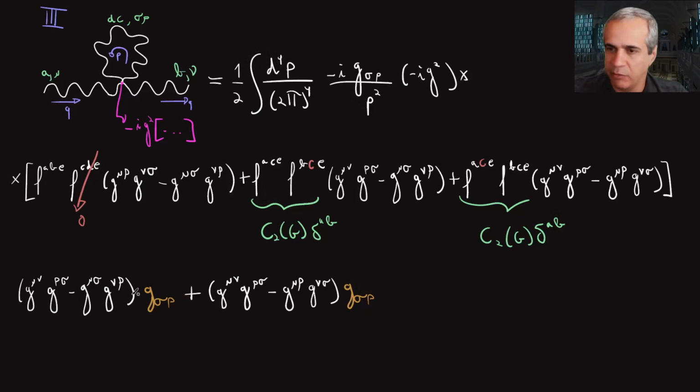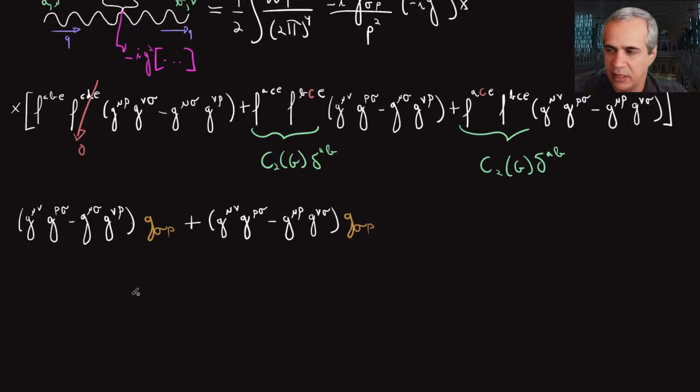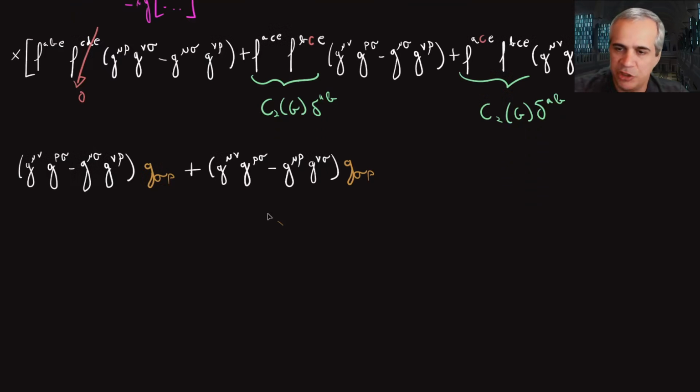And the second one, when I contract g sigma rho, this piece here becomes just g mu. And this piece here is g sigma rho times g sigma rho, which is just counting the number of space-time dimensions. This will become D. And the same here, exactly the same situation.